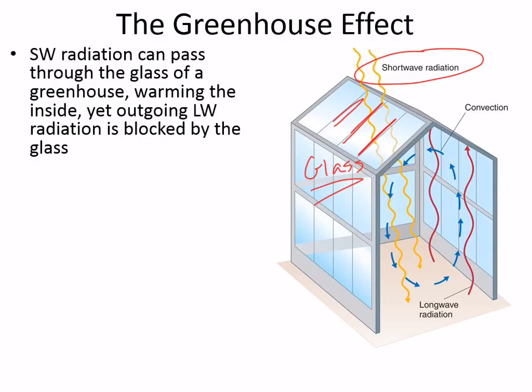Glass is a pretty good barrier to thermal energy. So it comes in as visible light, interacts with your upholstery or whatever's in the greenhouse, and is converted to IR, infrared radiation. Then it wants to ooze back out, and you can see up here the glass acts as a barrier. So that's how greenhouses work.